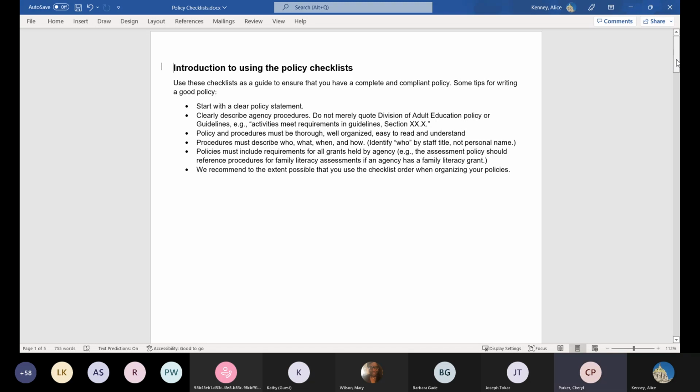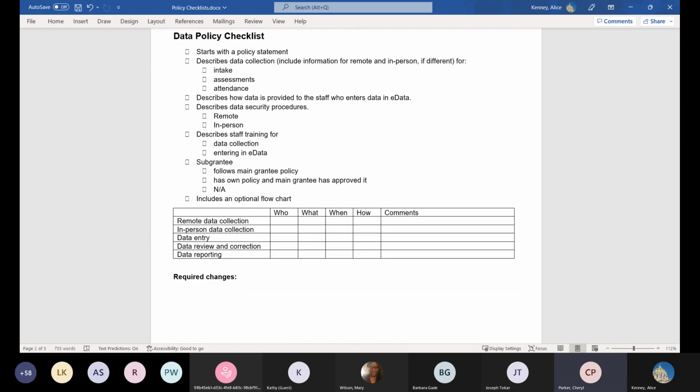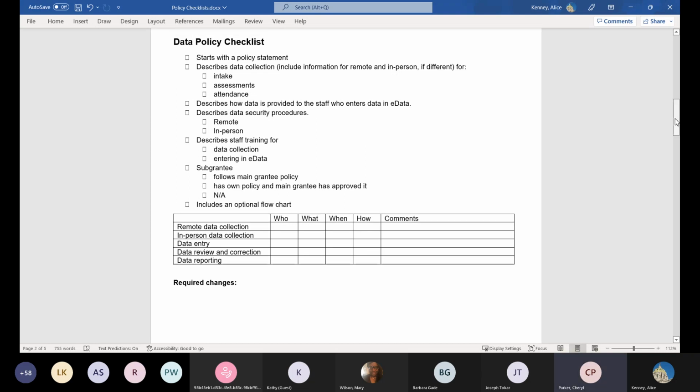One final thought on the overview. From your policy and procedures, could a new staff member understand what they're supposed to do? Let's consider your data policy and procedures checklist. I'll point out the second one: describe data collection, include information for remote and in person, if different.